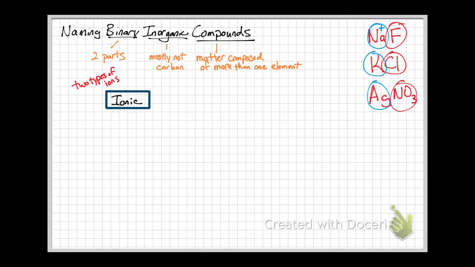The NO3 makes it look like this is more than two parts, not binary. But the fact that it's one type of anion, though it's composed of more than one atom, qualifies this salt as being a binary ionic compound. So again, the binary refers to that there are two types of ions, just one type of cation, one type of anion.